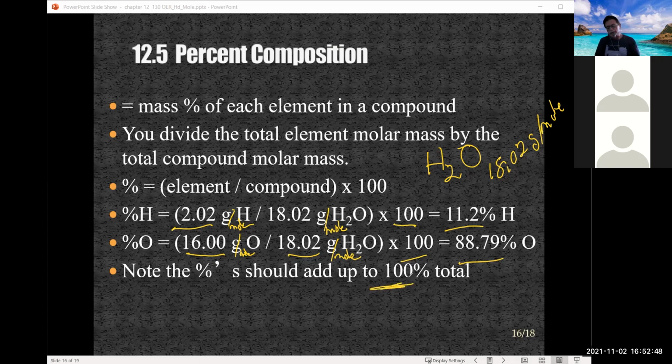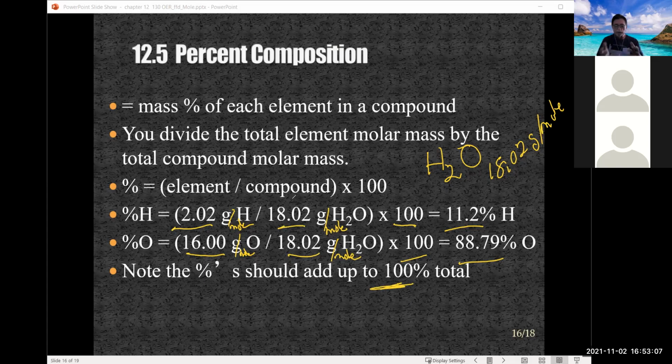Now, a quick note here. Notice we really can't deal with sig figs when we're doing this. Why is that? Because we are taking atomic weights, which have an infinite number of sig figs, and we're dividing by atomic weights, which have an infinite number of sig figs.